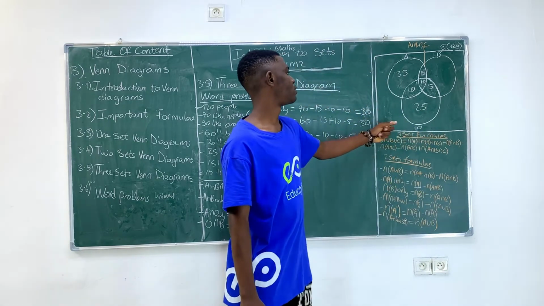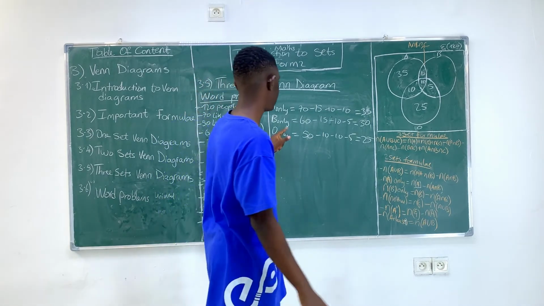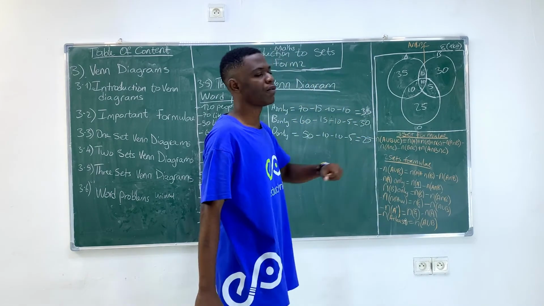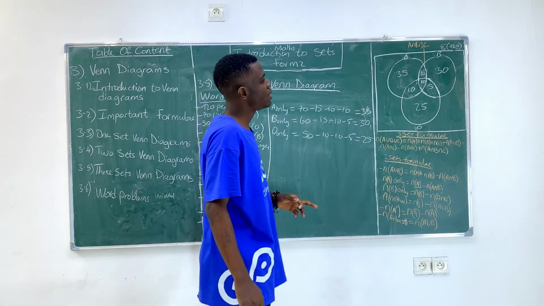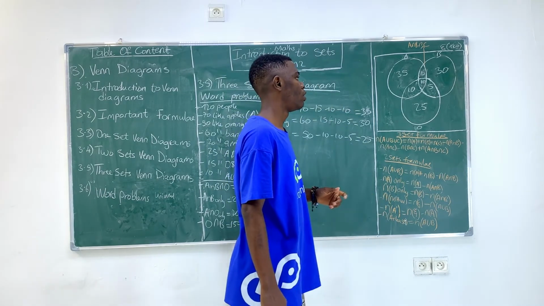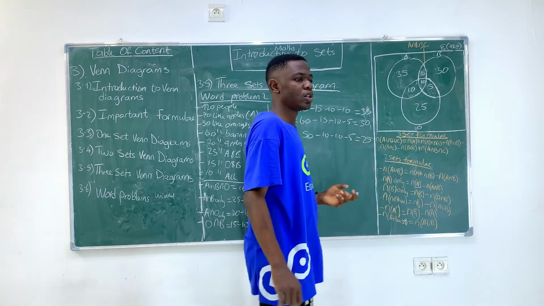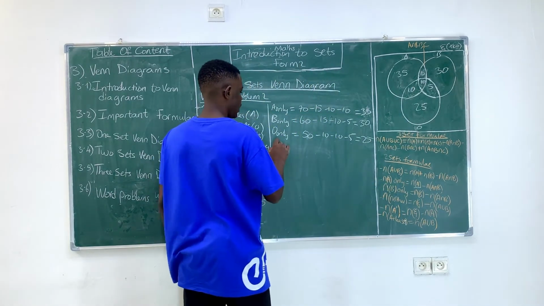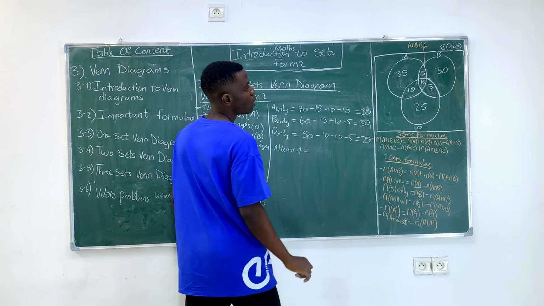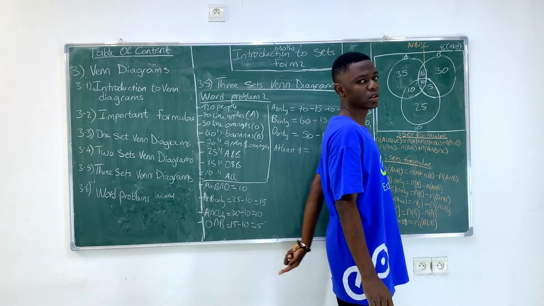I'll look for neither. To find neither, I need to know everybody that likes at least one fruit, so that I can subtract it from my epsilon and have neither. So at least one is equal to what? I'll do this plus this plus this plus this plus this plus this plus this.